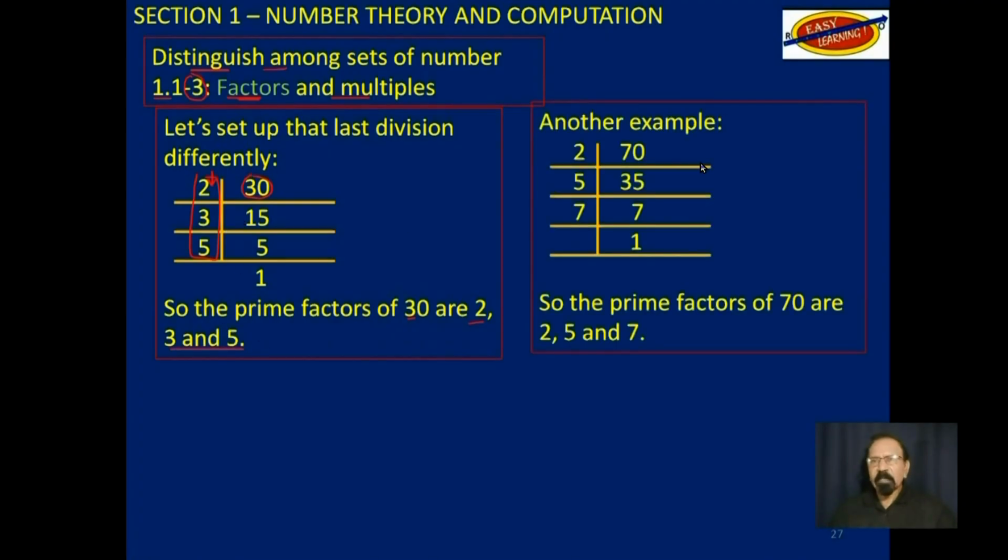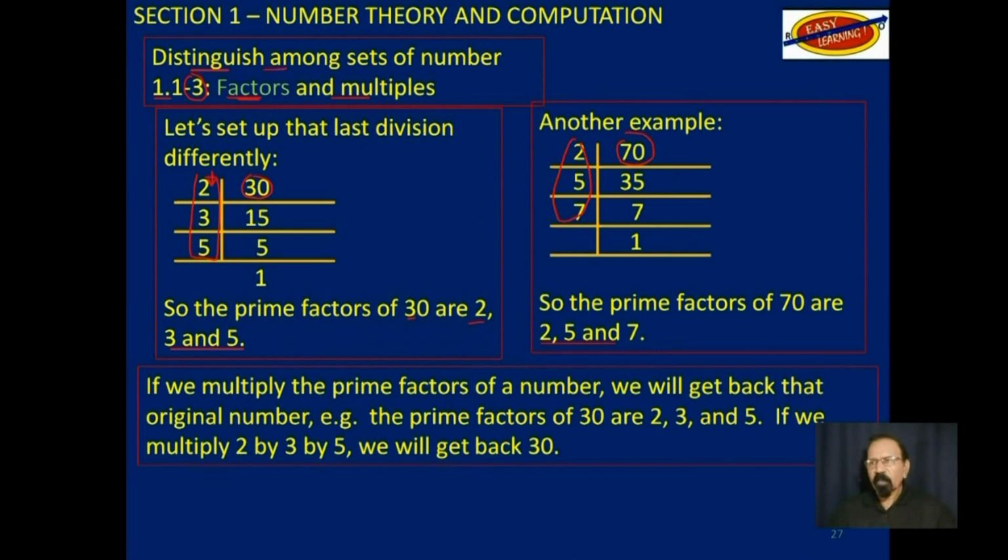We did that same thing for 70, and we find that the prime factors are 2, 5, and 7. If we multiply the prime factors of a number, we will get back that original number. Example, the prime factors of 30 are 2, 3, and 5. If we multiply 2 by 3 by 5, we will get back 30.